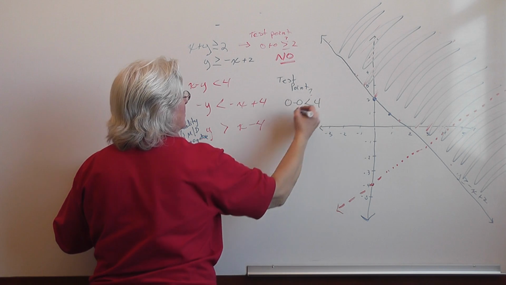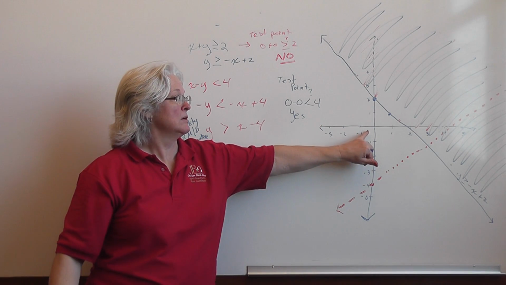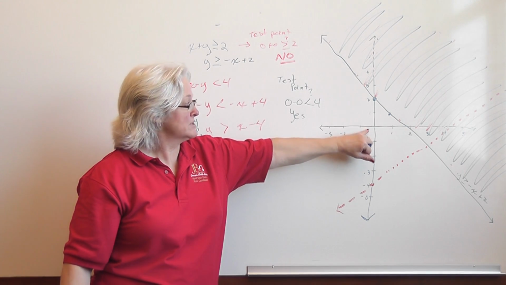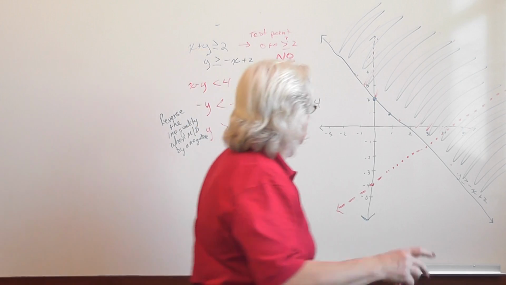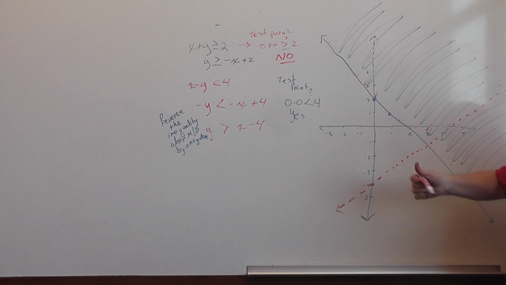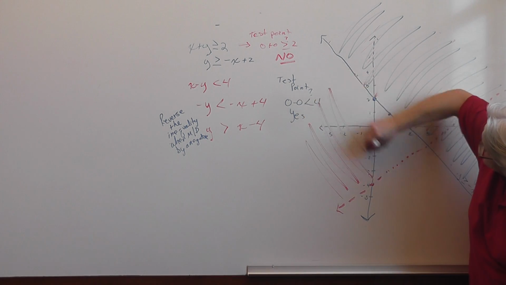Is that less than 4? Yes, it is. So what does that mean to us? Well, since the test point is a part of the solution, that means that all of the area to this side of our dotted line is a part of the solution.